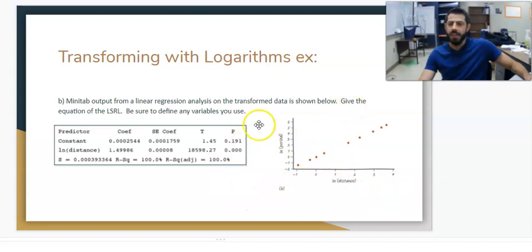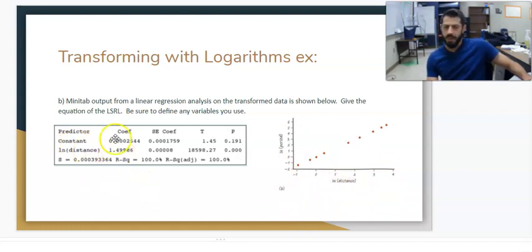When we're asked to give the equation for the least squares regression line, we would say, okay, it's the natural log of the period, the time it takes to travel around the sun. So the natural log of the period equals a plus b times the natural log of our x, our distance from the sun.